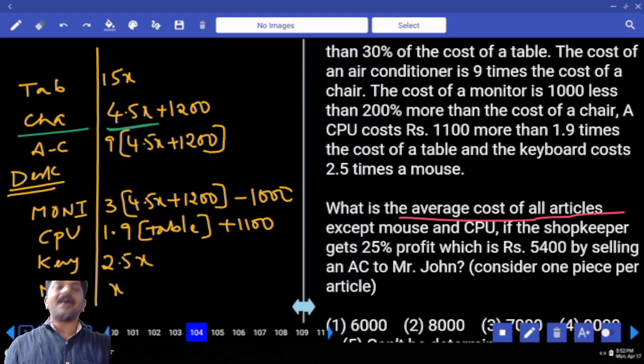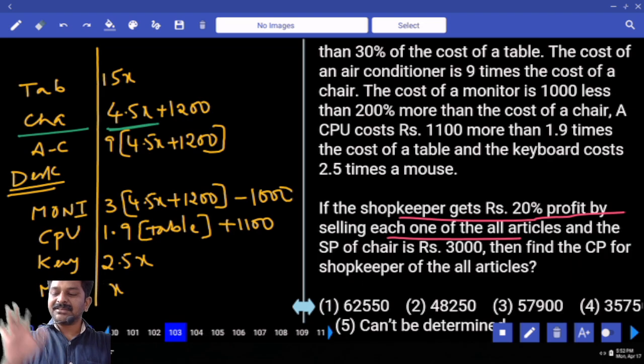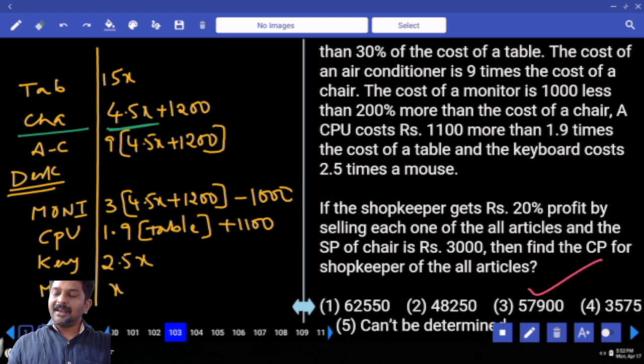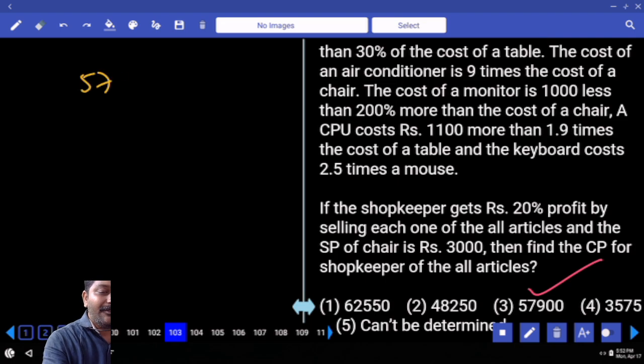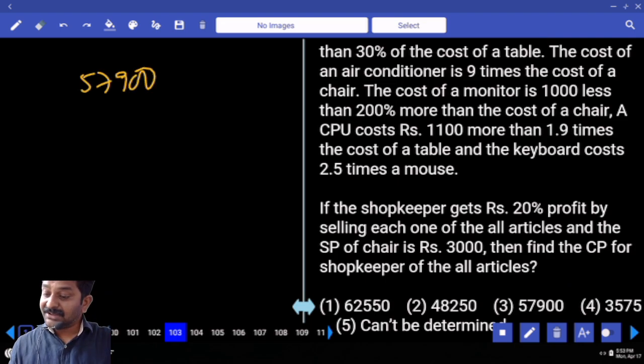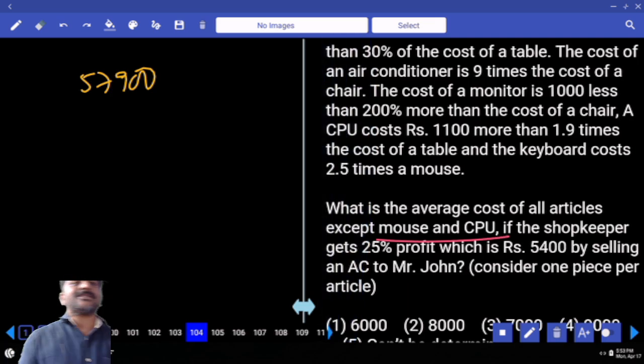Average cost of all articles except mouse and CPU. In the previous question, we discussed the selling prices of all items, which is 57,900. Now this 57,900 includes mouse and CPU also, but now we don't need those two.